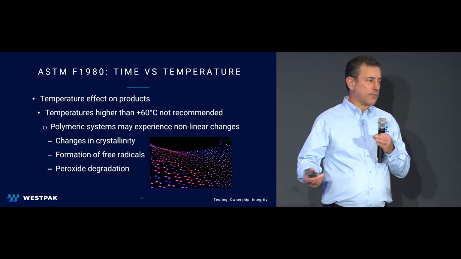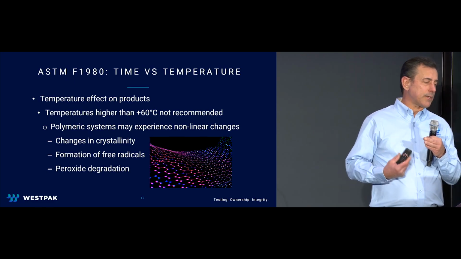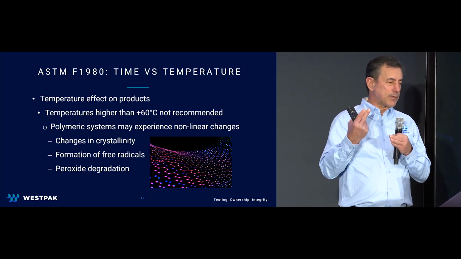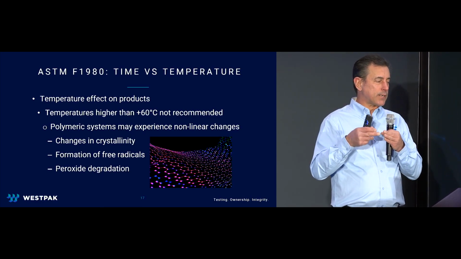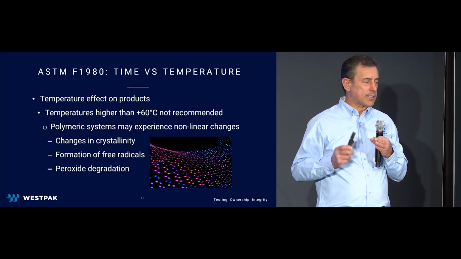So again, just to review, it's for the accelerated aging, it's the temperature effect on products. By increasing the temperature, we can shorten the duration of time for a particular time point. For instance, 1 year.